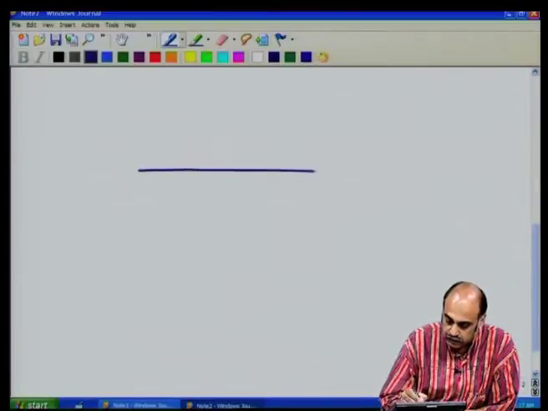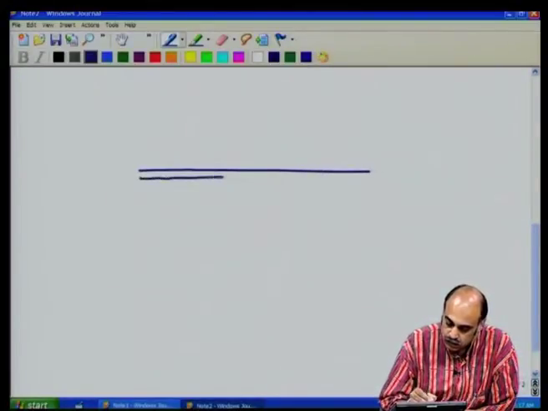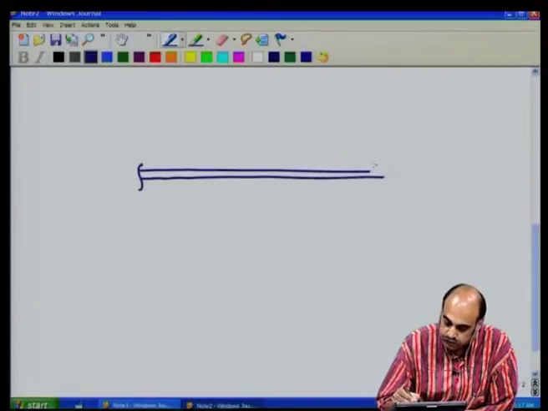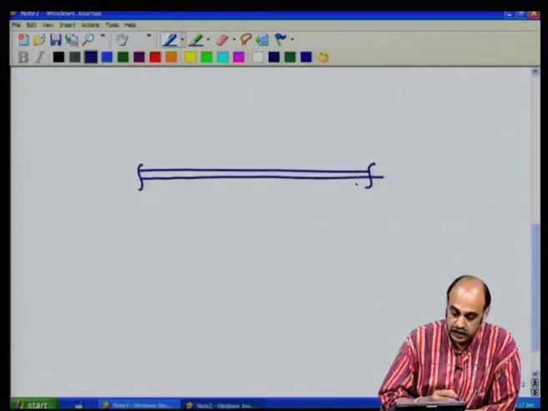You could also have capacitances on the same side. This is a printed wiring board.